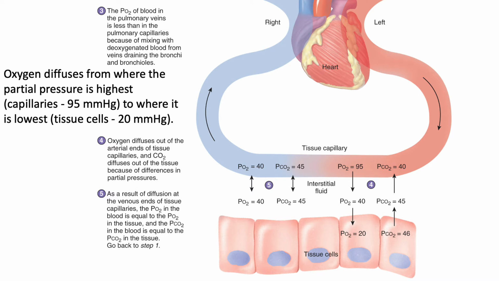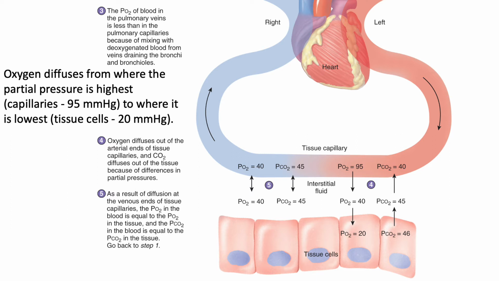Again, the incoming PO2 is 95, so the oxygen diffuses from the blood into the interstitial fluid and eventually into the cell within the systemic capillaries. Oxygen within the cell is at a partial pressure of 46, and again, incoming carbon dioxide in that arterial blood is only a PCO2 of 40. So carbon dioxide is going to diffuse down its gradient from the cell into the blood.